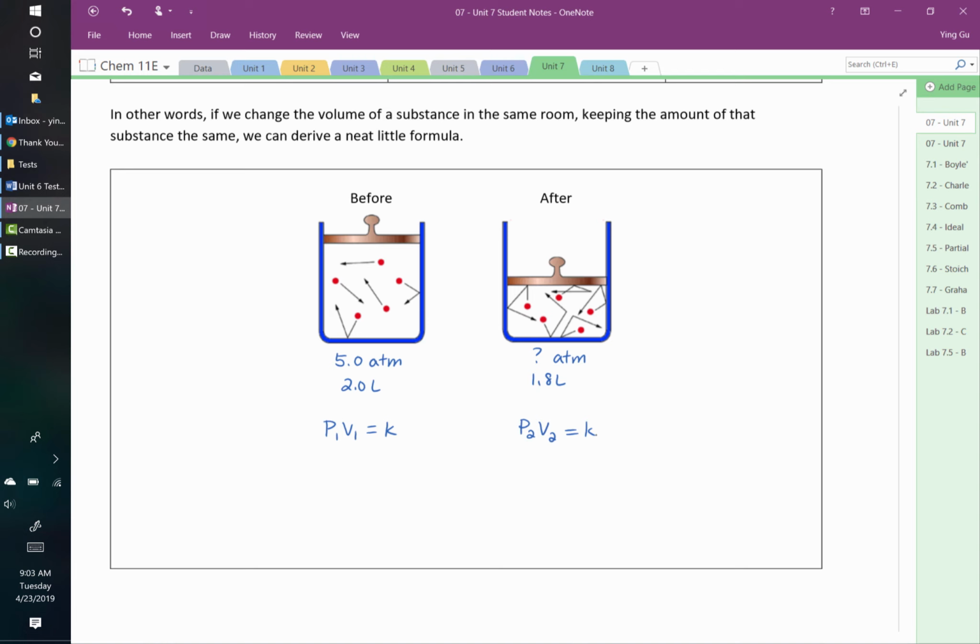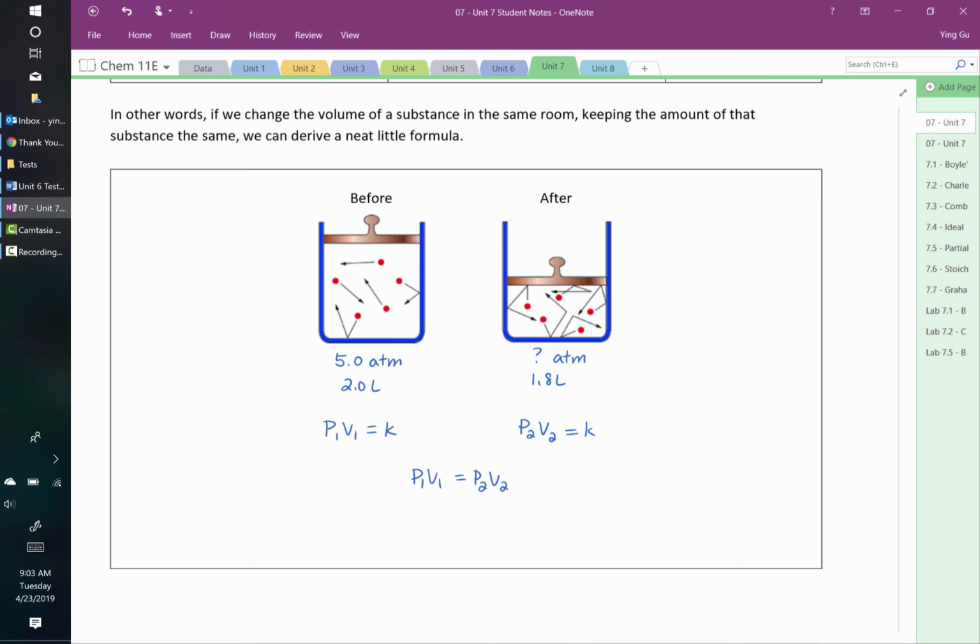Temperature is the same, the number of gas particles is the same. So if the two K's are the same, then we can say that P1 V1 is equal to P2 V2. So all of a sudden, I have a handy dandy little formula to help me calculate the changes of this container before and after the decrease in volume.